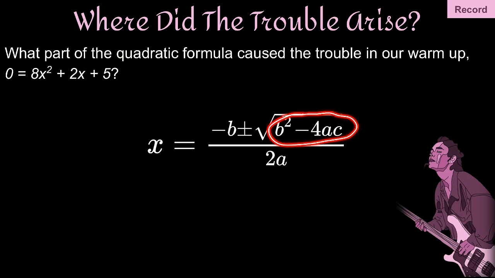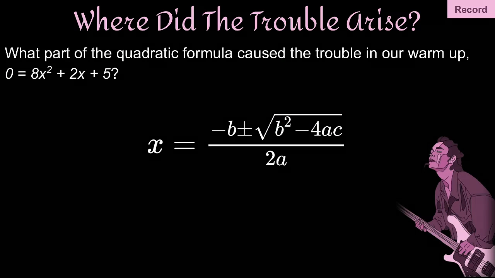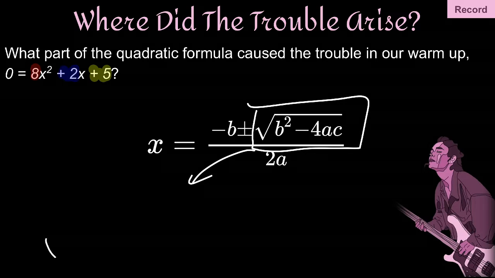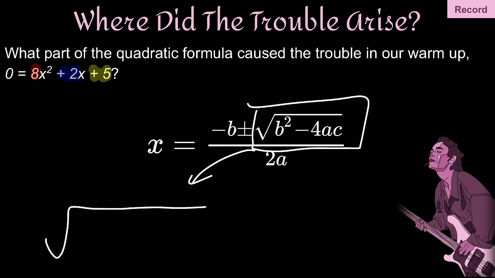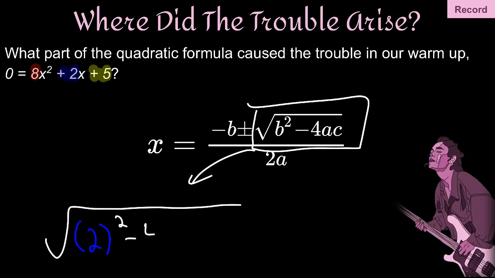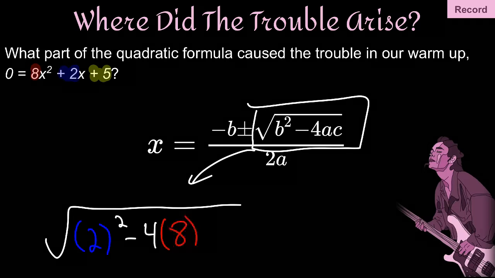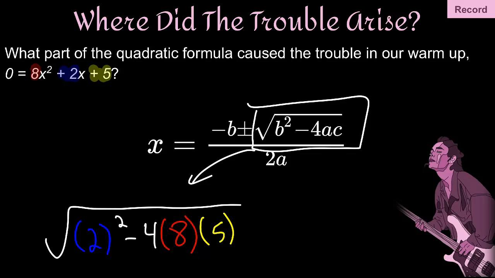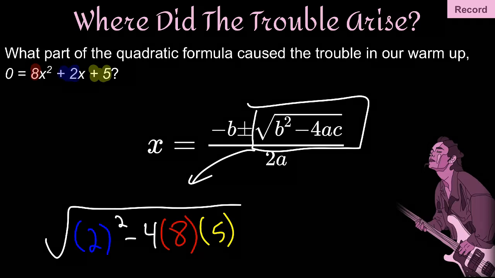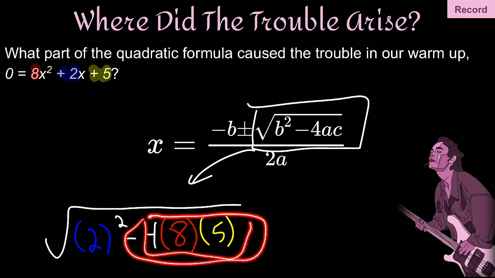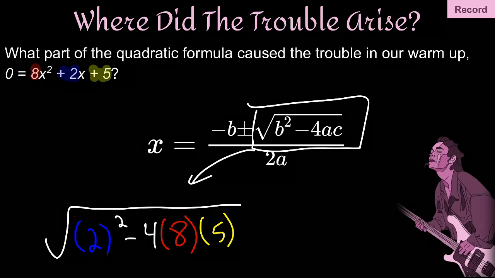Yeah. So under here, the b squared minus 4ac. So we had the A value was 8, the B value was 2, and the C value was 5. So under that square root, we had B squared, which was the 2 squared, minus 4 times A times C. So the problem was that what we were taking away was bigger than the 2 squared, the 4.